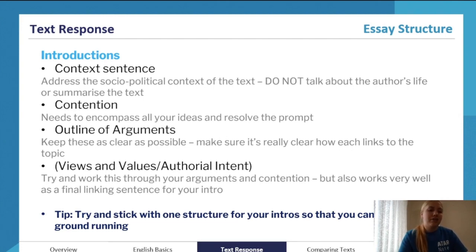On the other hand, and this is what I used to do, instead of having an outline of arguments, I used to have an extension of my contention where I went into my contention and what my perspective was in more detail. And some students like to do this instead, but make sure you give it a go to see that you're doing it properly and you're still basically outlining the kinds of things that your essay will discuss. And lastly, close with a views and values or authorial intent statement that should link into your contention.